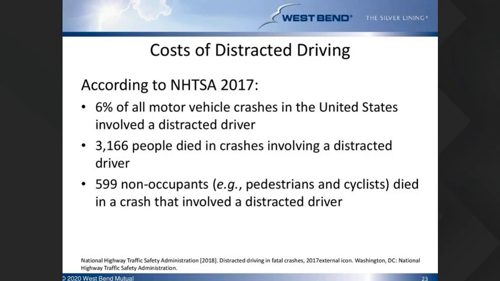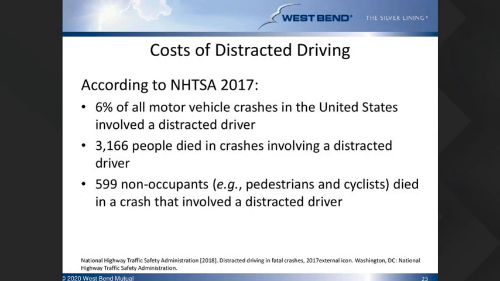Well, according to the National Highway Traffic Safety Administration, in 2017, 6% of all motor vehicle crashes in the US involved a distracted driver, a substantial number, and that has even increased now over the past couple years, but we don't have any official release from the NHTSA at this time.